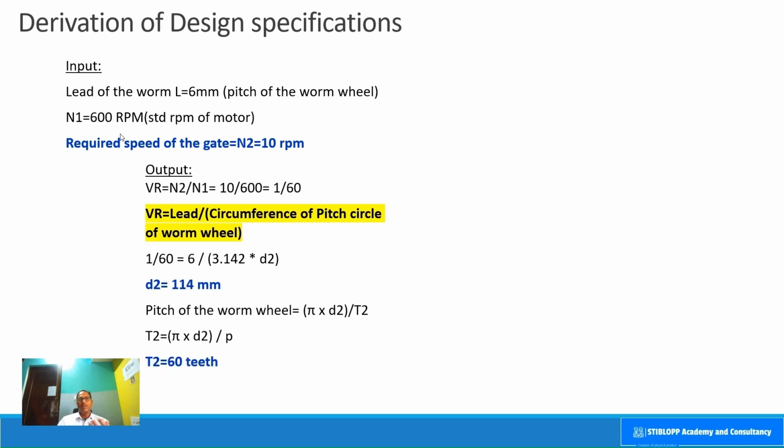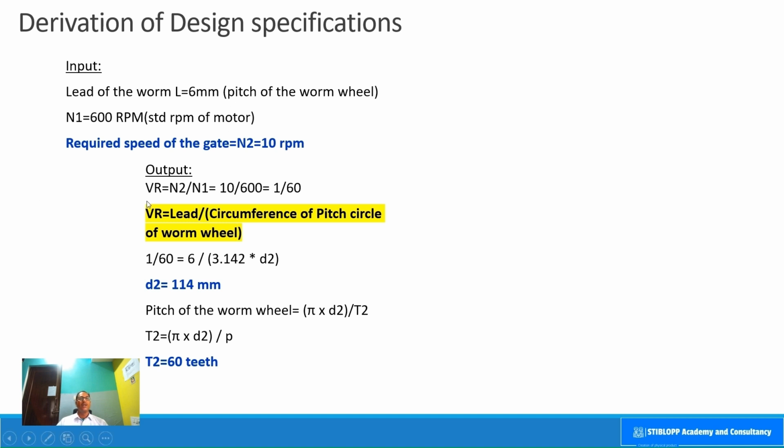Now, what is the output that we get from that? So, before that, what I am trying to say here is whatever I have highlighted in blue, that is the design specification. This first design specification was already derived during the concept design and development phase. Okay. Now, in this phase, we are deriving a few more design specifications.